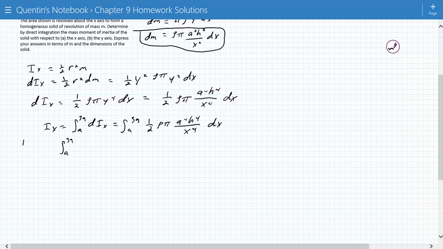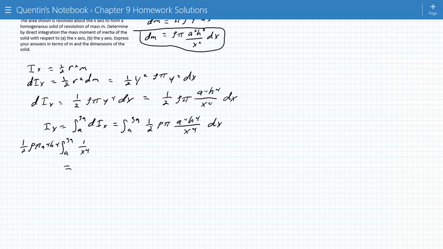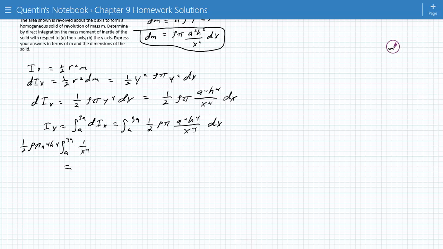So I have 1/2 rho pi a to the fourth h to the fourth, and then it's just the integral of 1 over x to the fourth. So that works out to be, by my fancy calculus that I did offline, I'm kind of cheating a little bit, I'll pull out the negative sign.